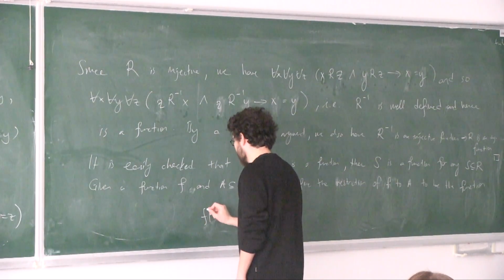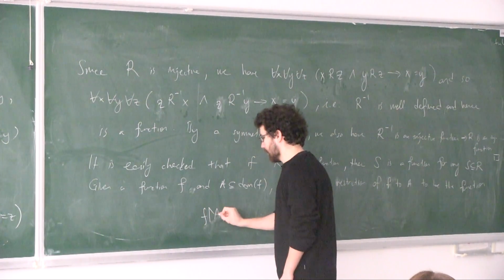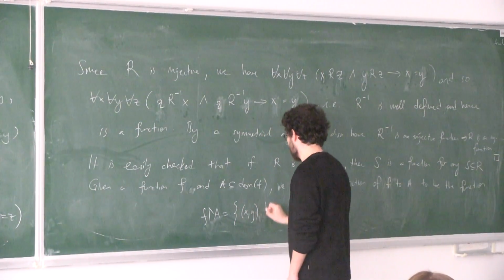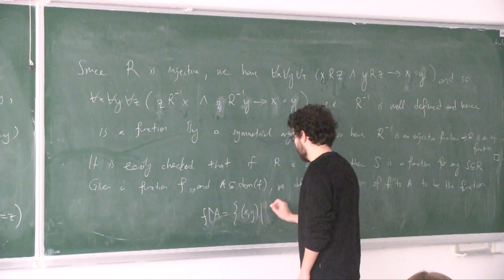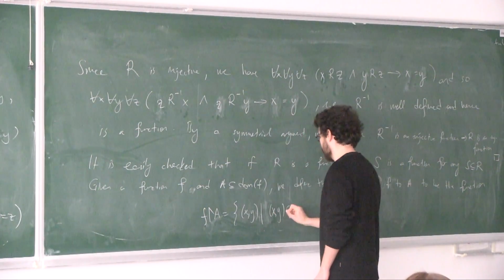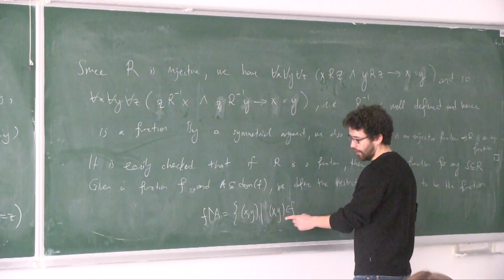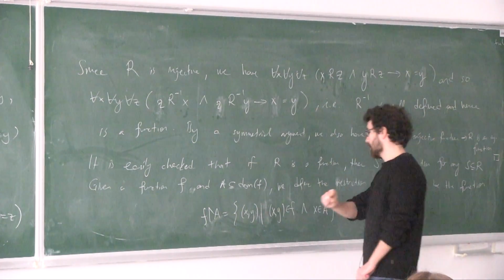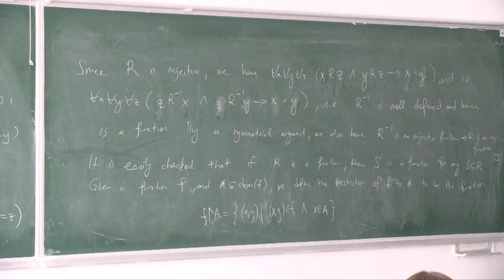It's denoted like this, f restricted to A. This is the set of all ordered pairs x, y such that x is mapped to y by this function, and x comes from A. This is the usual notion of restriction that you knew.